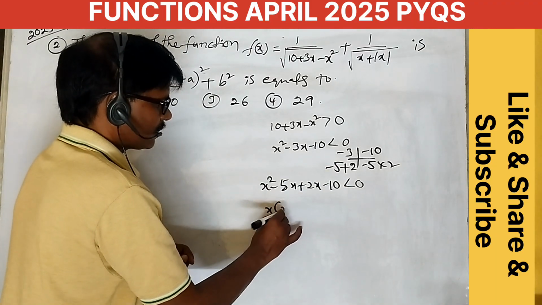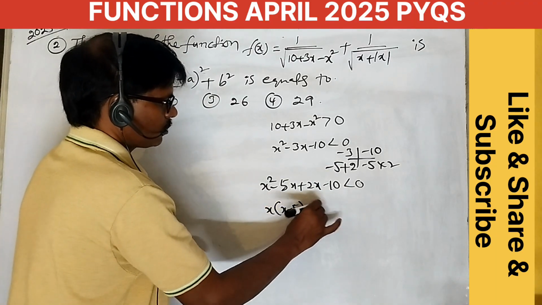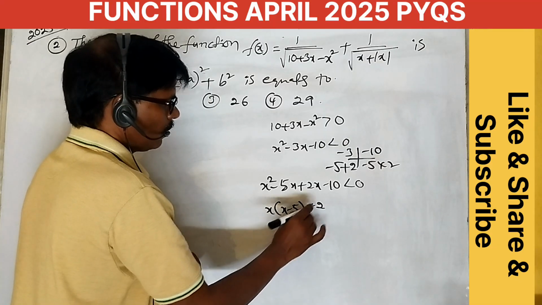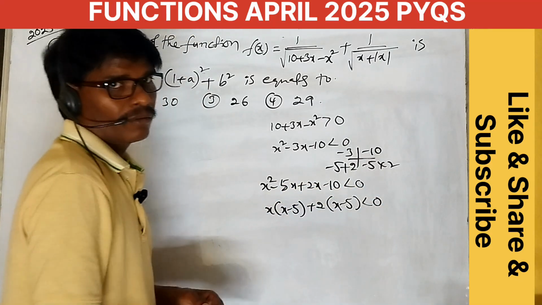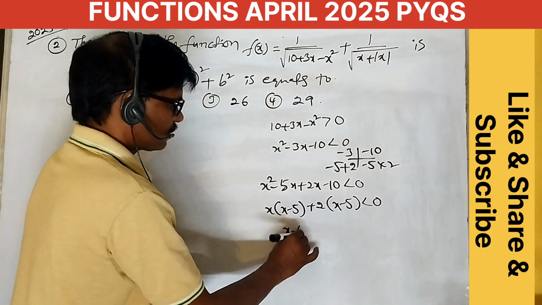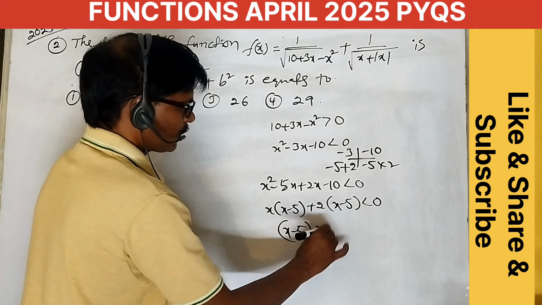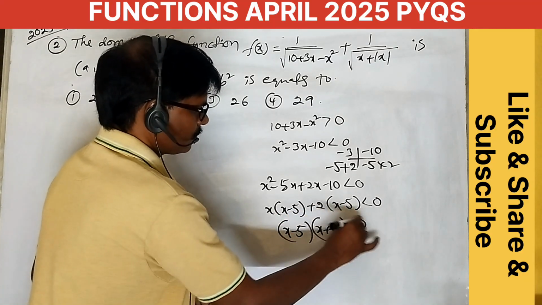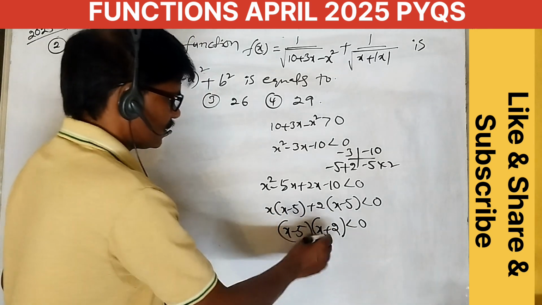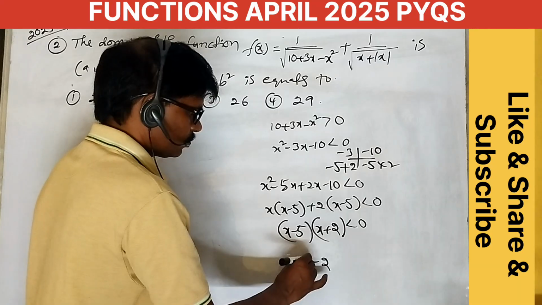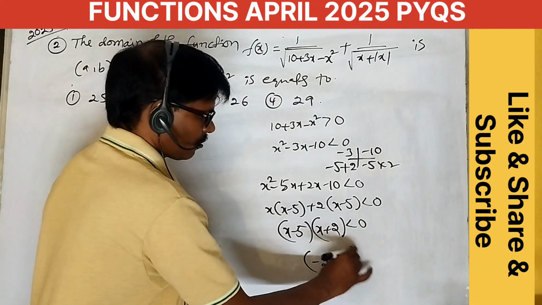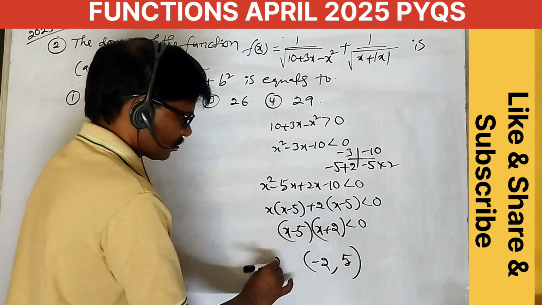What is common? x is common, and 2 is common. So x minus 5 is common, x plus 2 less than 0. Less than 0 means it lies between the roots, minus 2 and 5, an open interval. So x belongs to (minus 2, 5).